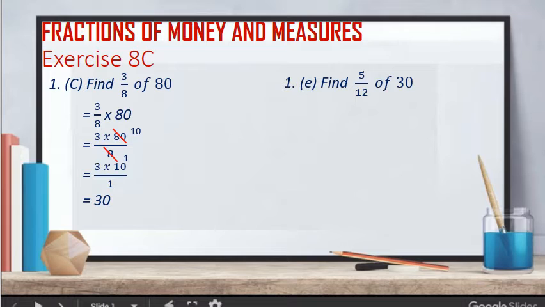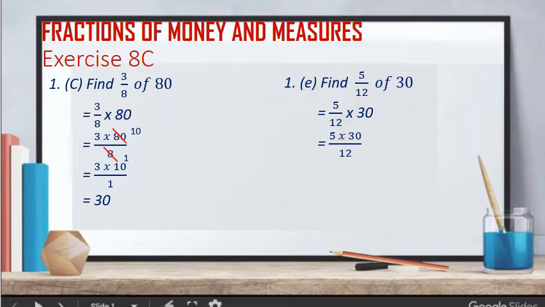Now let's come to the next question, which is E part of question number 1. Here we have to find 5 by 12 of 30. So 5 by 12 of 30 means 5 by 12 multiplied by 30. Now in the next step we are going to write 5 multiplied by 30 in the numerator upon 12 in the denominator. Now children, we can divide 30 in the numerator and 12 in the denominator by common number 6.